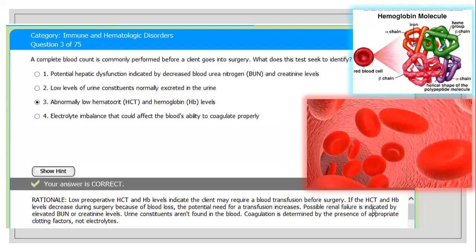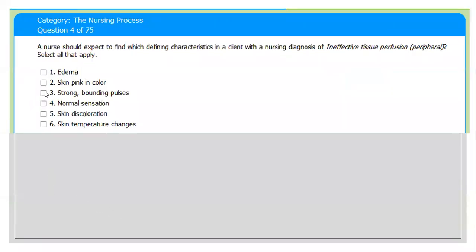Possible renal failure is indicated by elevated BUN, blood urea nitrogen, and creatinine. Urine constituents are not found in the blood, and coagulation is determined by the presence of appropriate clotting factors, not the electrolytes. Next question.